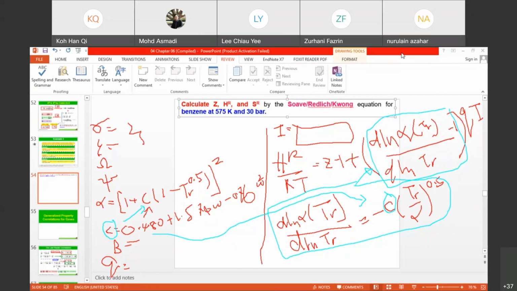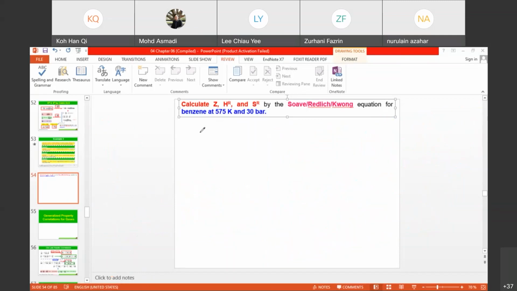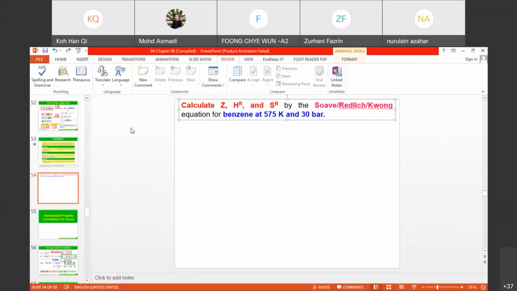Any questions? It's the same, right? The step. Just now you said the integration for ln theta is the same in Soave-Redlich-Kwong as in Peng-Robinson, is it? Yeah, Peng-Robinson is also the same equation for that integration. Same, sir. Same.